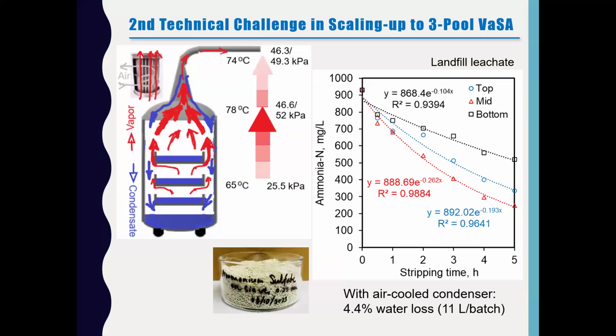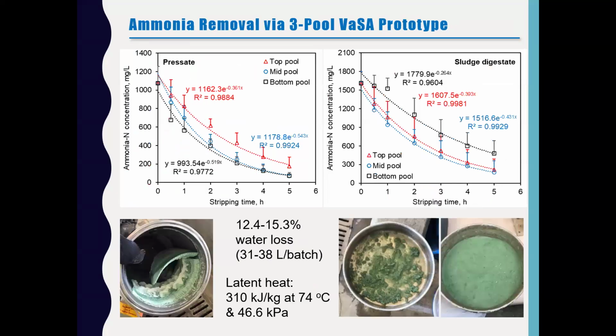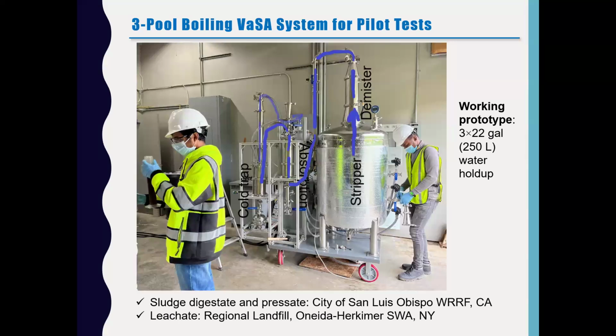We further tested with landfill leachate with the condenser inserted in the demister. We found that we could retain 96% of the stripped ammonia in the absorption solution. Compared to previous, we could only retain 22% of ammonia in the absorption solution, and 78% moved back to the cold trap, dissolved in the condensate.